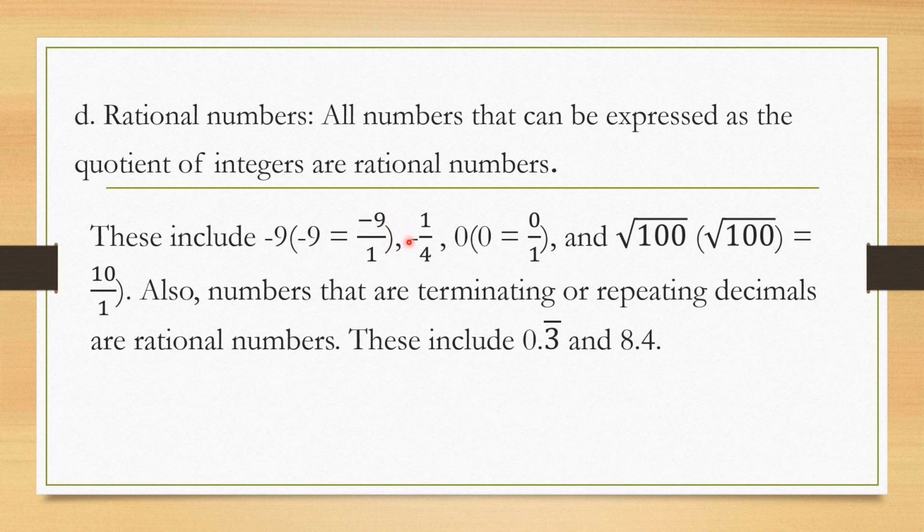Also negative 1/4, then 0, because 0 is equal to 0 over 1, and the square root of 100, which is 10 over 1. Also, numbers that are terminating or repeating decimals are rational numbers. This includes 0.3 repeating, and 8.4.